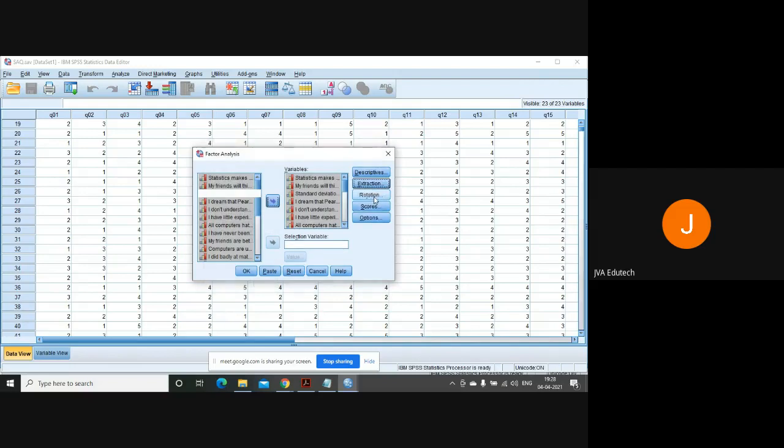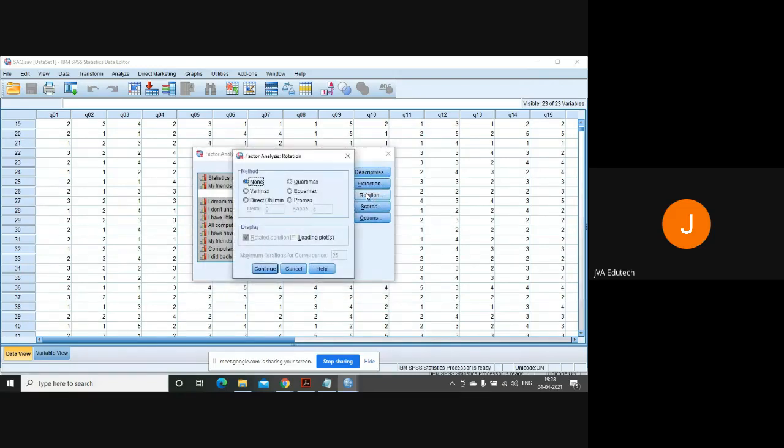Continue, then go to rotation. Here I want to do orthogonal rotation, so I will take varimax. The maximum iterations is 25, and I am changing it to 30.